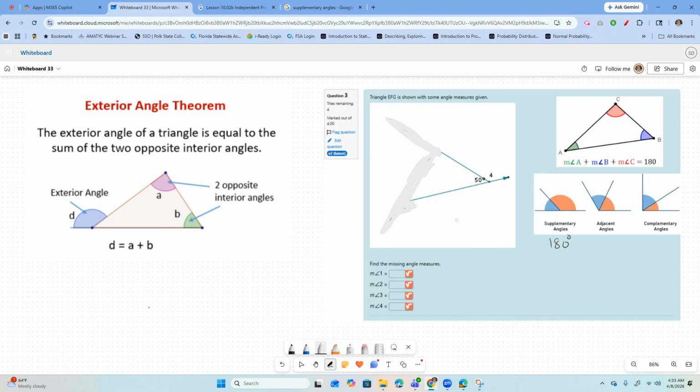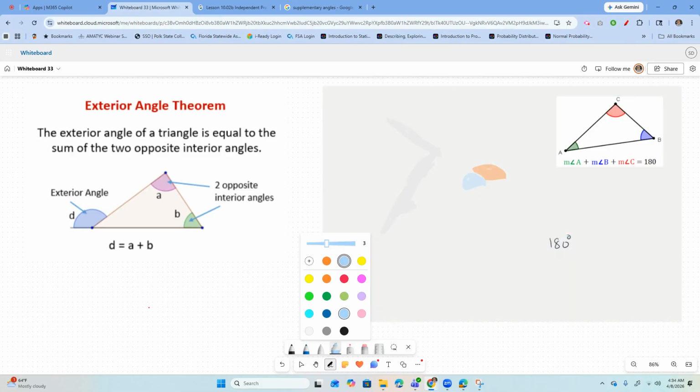And I hope you notice here, I'm going to highlight in orange, we have a straight line. We have angle number 4 here, which will be like this one here. And I'm going to put the other one in blue, the 50 degree angle, which is this one here.